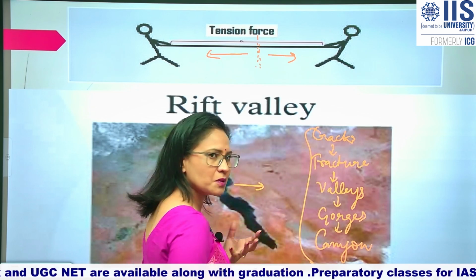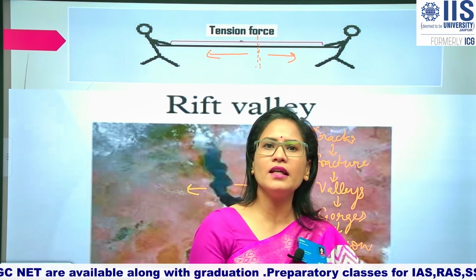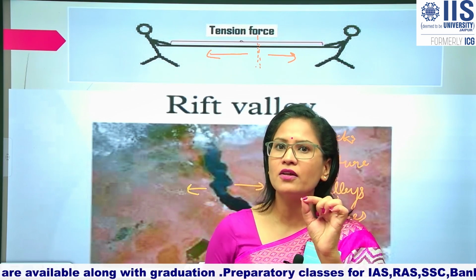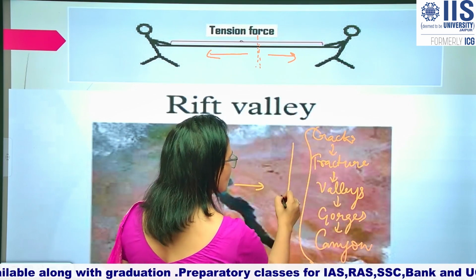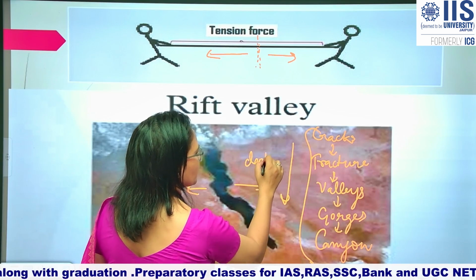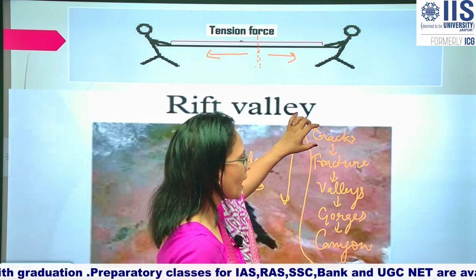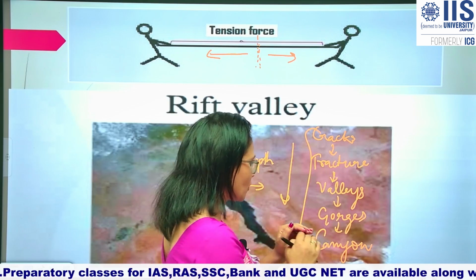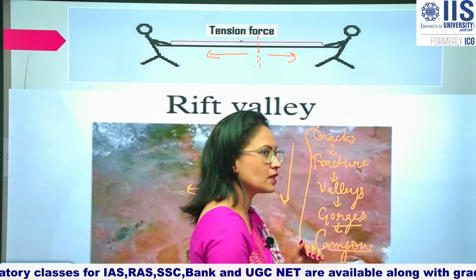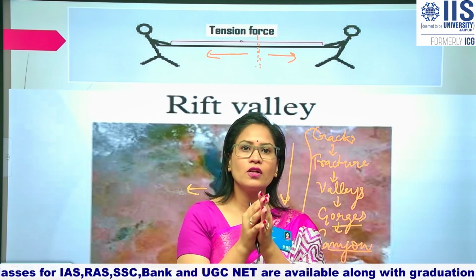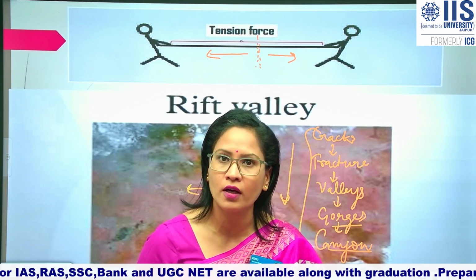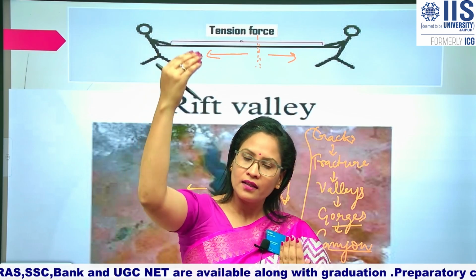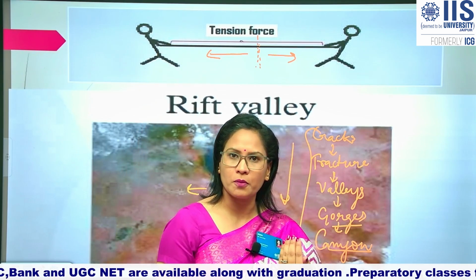These terms are very much similar and we use any term at any place, but there is a bit of difference on the basis of their depth. In cracks, the tensional force is less, but if we are talking about canyons and gorges, it means that the tensional force was very strong, and because of that the canyons were formed, right?